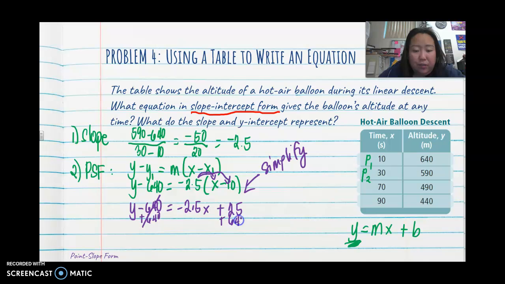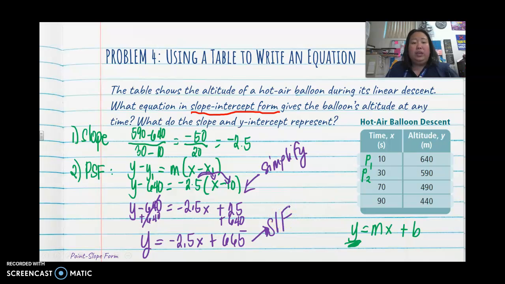Now our equation will be y equals negative 2.5x plus 665. Does this look like our slope intercept form? Definitely. You have y equals our slope, which is negative 2.5x, and our y-intercept now is 665.